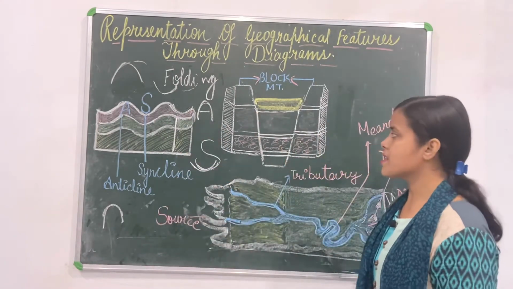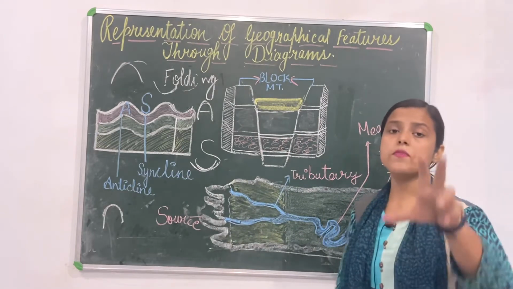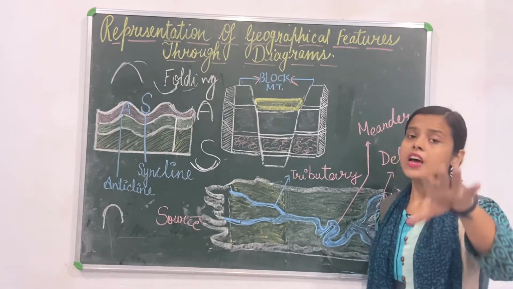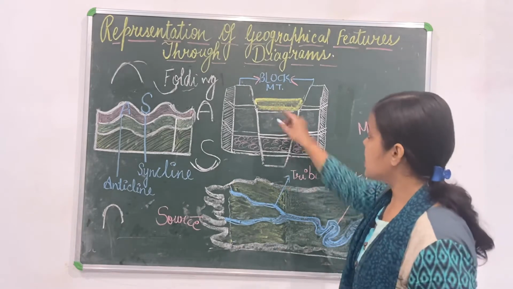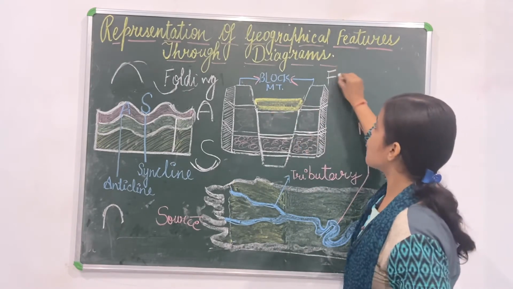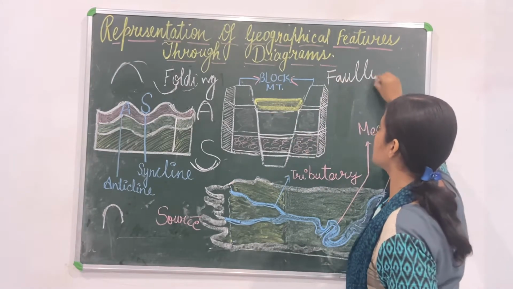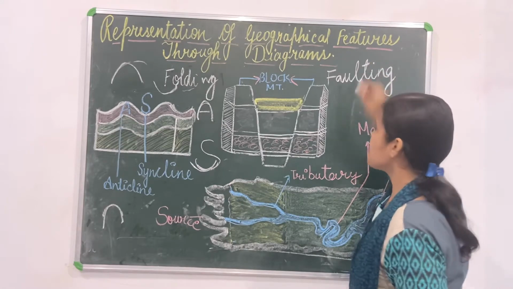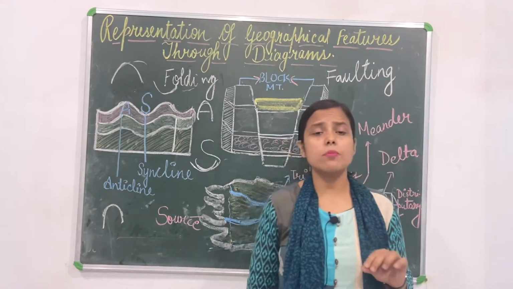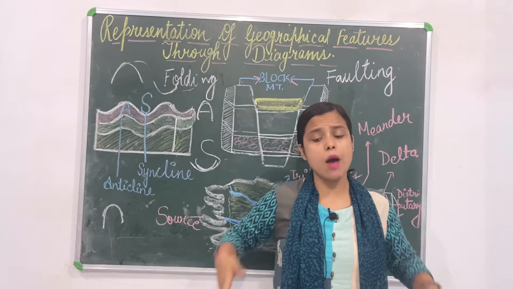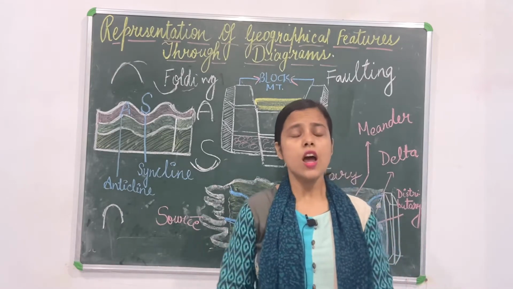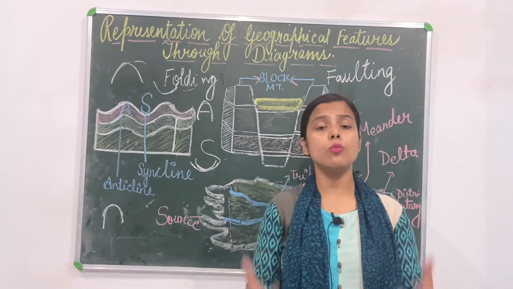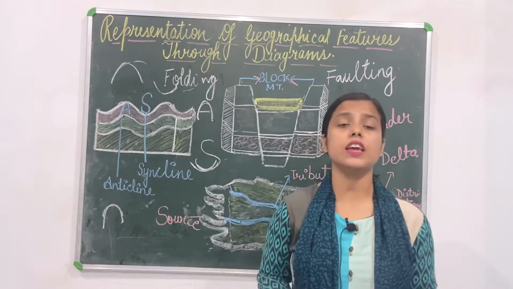Moving to our next diagram, the diagram of block mountain and rift valley. This is formed due to faulting. Faulting means crack, fracture, which happens on the surface of the earth due to compression, due to movement of plates beneath the earth.